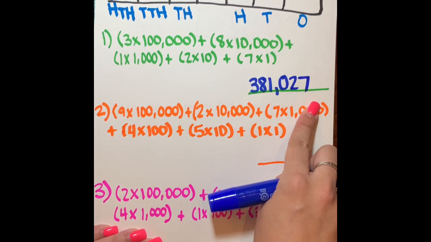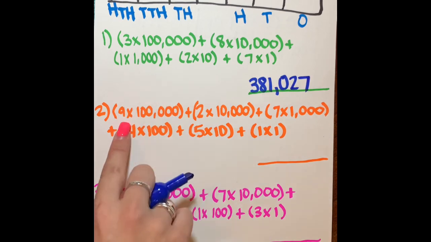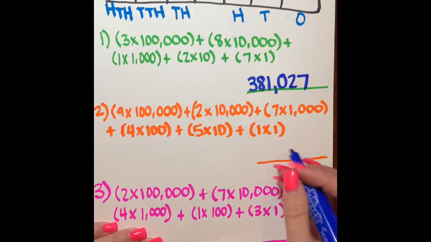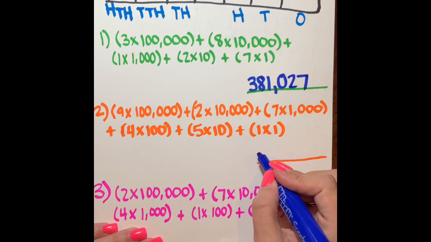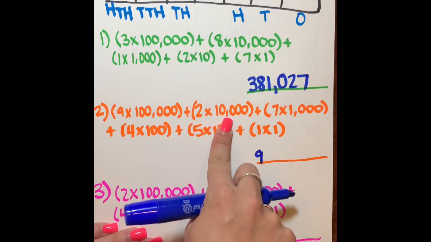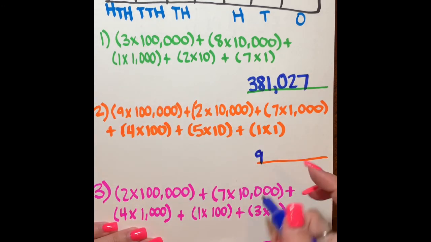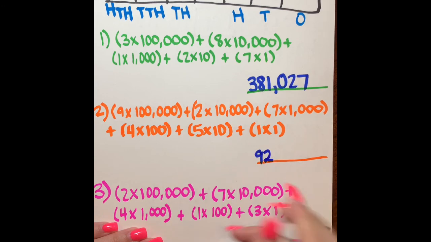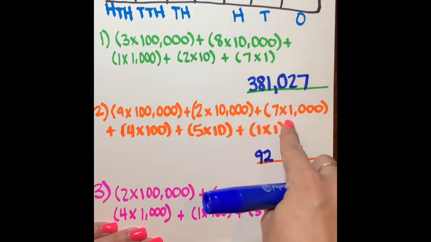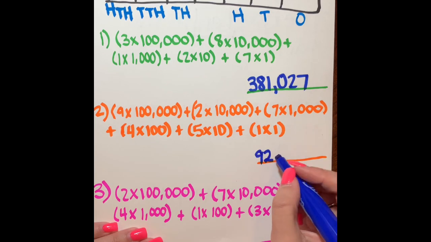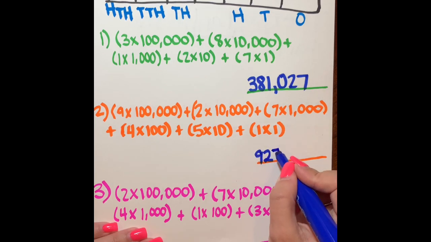So let's look at our next example, okay? I have 9 times 100,000. So I know this is going to go at the beginning. It's the biggest number, and it's going to be a 9. 2 times 10,000. I know that is coming next. They are not tricking me. There's a 2, okay? 7 times 1,000. That is what comes next on my place value chart. So I'm going to enter that 7.